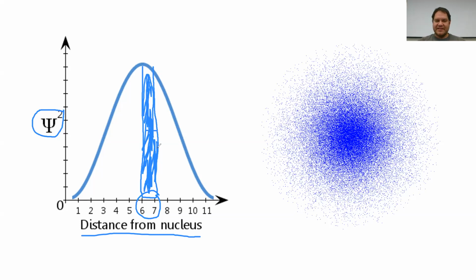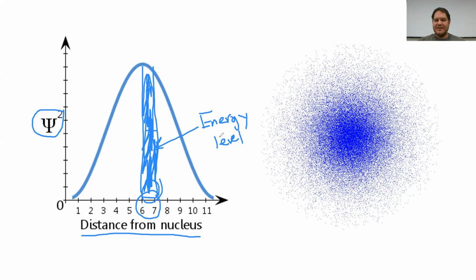So what you're seeing here is probably what Bohr would have said was an energy level. All right. So where the most probable distance, the high probability chance is, is where Bohr would have placed his energy levels.